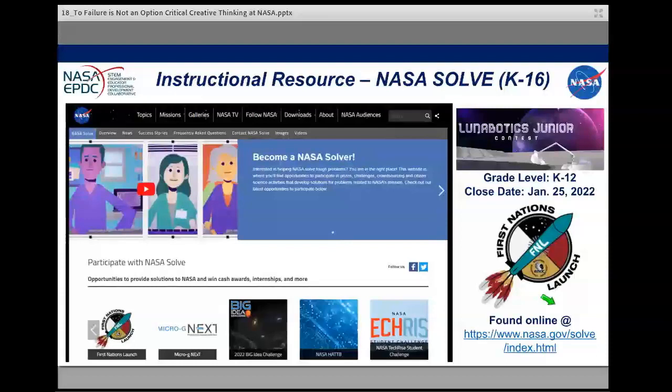It'll take you to tiles that give you examples of different design challenges and contests, some of which recur every year with different themes, and some of them are one-time things like app challenges, or we just finished a deep space food challenge where we invited K-12 students to come up with ways that we might feed our astronauts in a healthy manner when we send them to Mars.